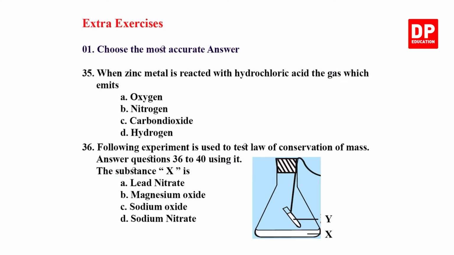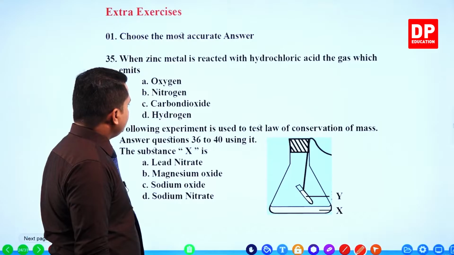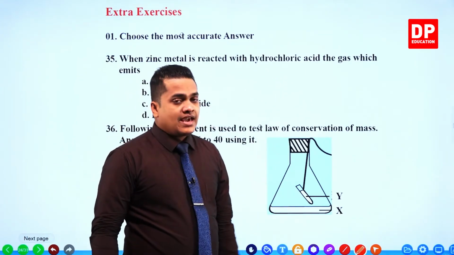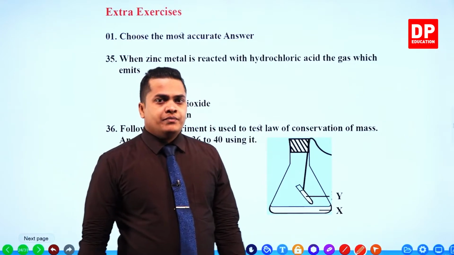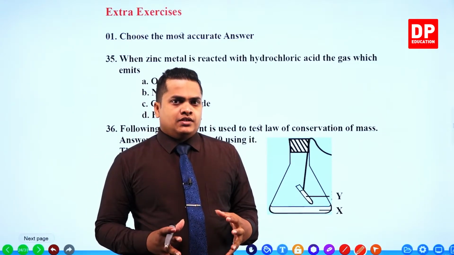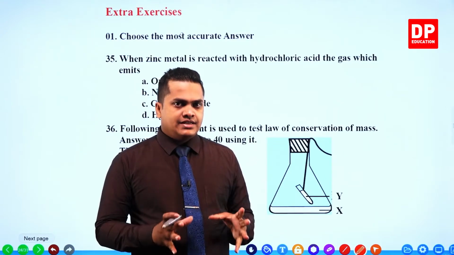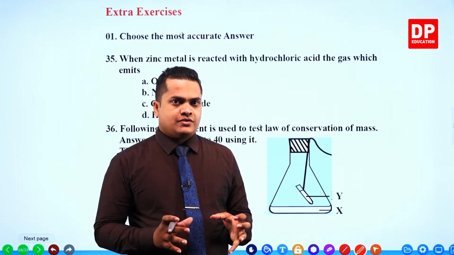When zinc metal is reacted with hydrochloric acid, the gas which emits. So here you are given a special kind of reaction. We did this experiment at the laboratory also.